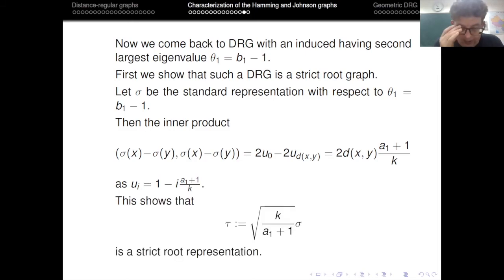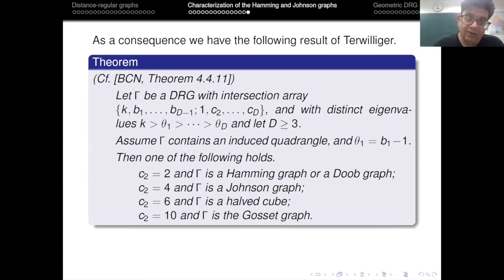But if you now multiply this representation with the square root of k over a1 plus 2, then that is a strict root representation. So then we see that we have the classification as done by Terwilliger in the late 1980s, 1986 or so.